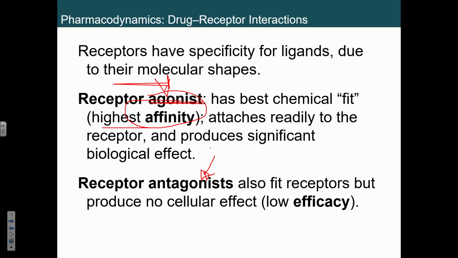If it's an agonist, it's going to mimic the substance, or mimic the effect of a substance, and enhance that effect. If it's an antagonist, it's going to reduce that effect, right? So either way you go, that's what you want to think about.